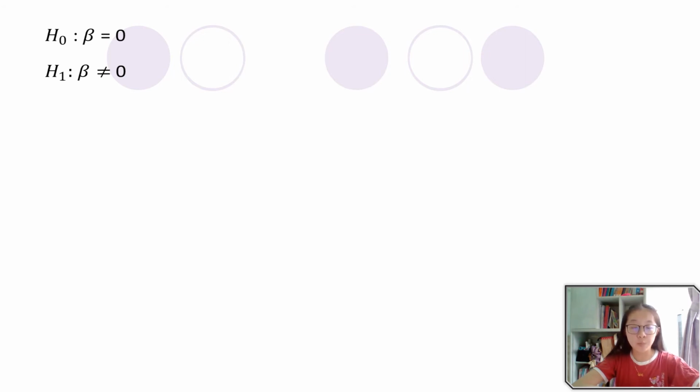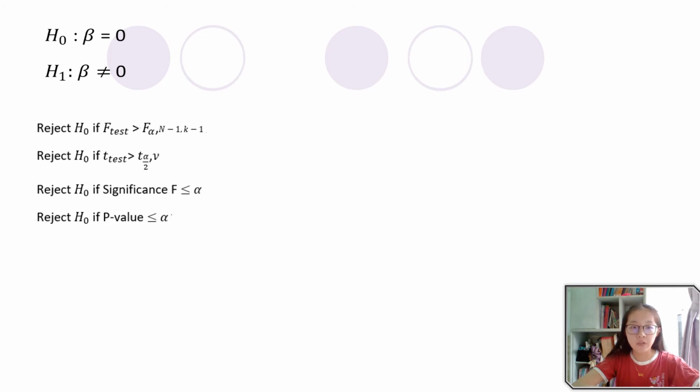We have 4 ways to make our decision. First, reject H0 if F test is greater than F alpha, n minus 1, k minus 1. Second, reject H0 if F test is greater than the critical value. Third, reject H0 if significance F is less than or equal to alpha. Fourth, reject H0 if P value is less than or equal to alpha.